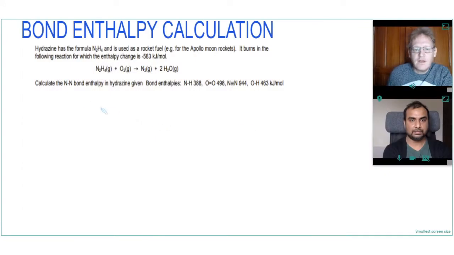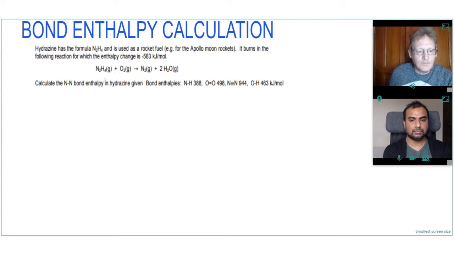Okay, so today we're going to have a look at a bond enthalpy calculation, where we're going to calculate the enthalpy of a nitrogen bond. Now, the first thing to do with bond enthalpy calculations is to draw the actual bonds, so the displayed formulas rather than the molecular formulas here.